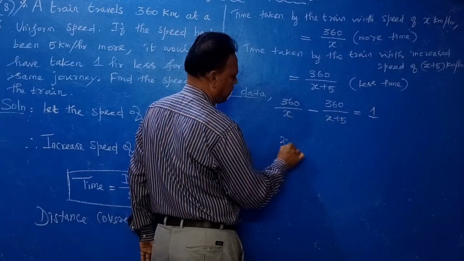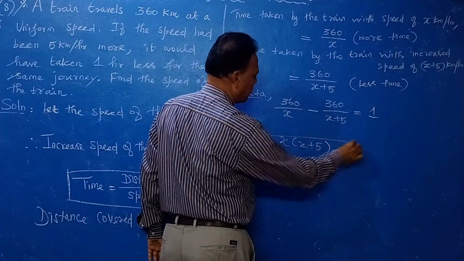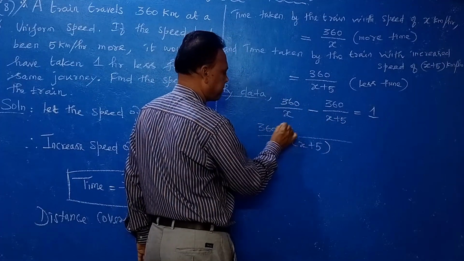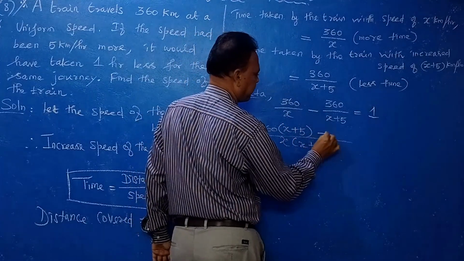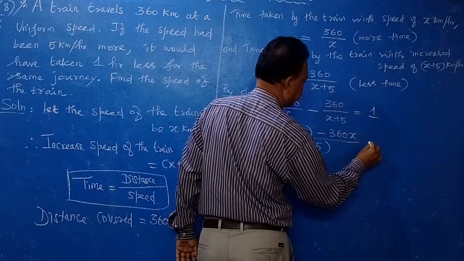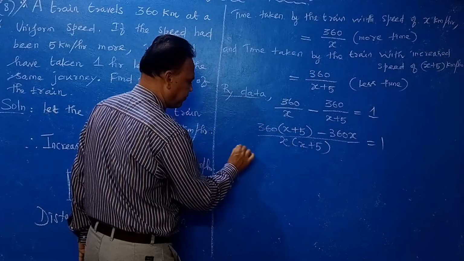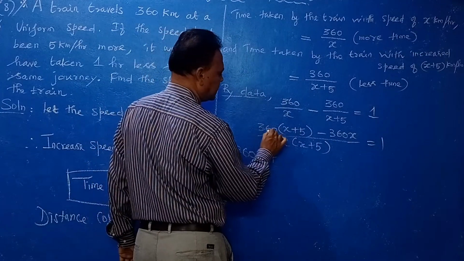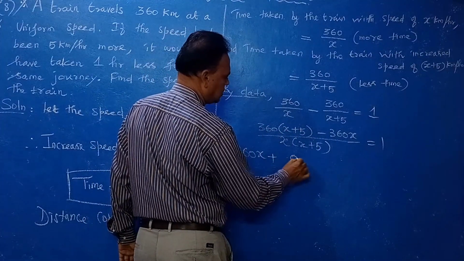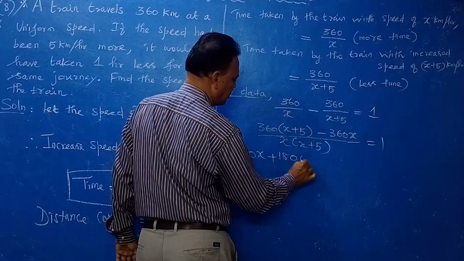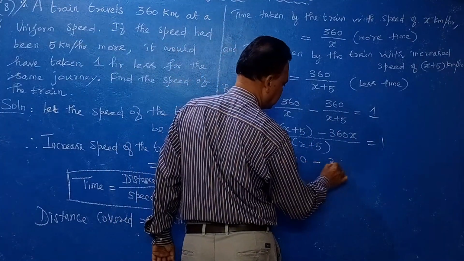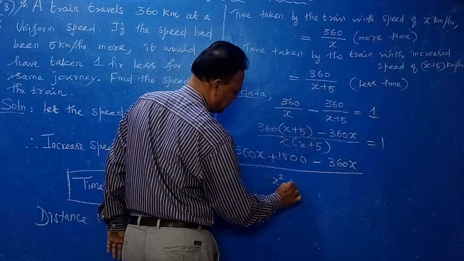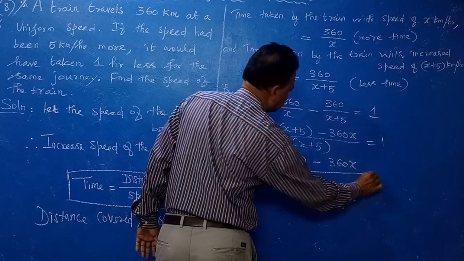Now take the LCM. There is no common factor, so just multiply the denominators, then cross multiply. Now you multiply: 360x plus 360 into 5, that is 1800, minus 360x, by x squared plus 5x, is equal to 1.